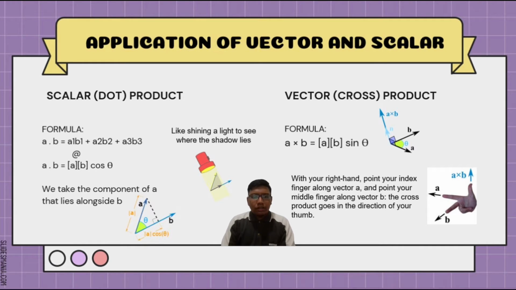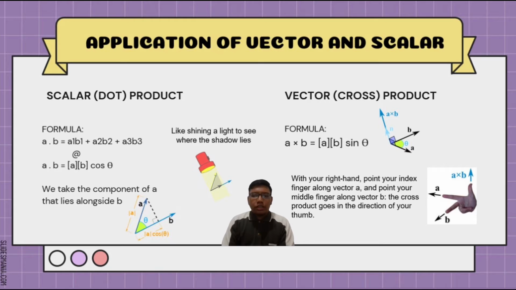On the right, like shining a light to see where the shadow lies, that is the example for the vector scalar dot product. And at the bottom, we take the component of a that lies alongside b, as you can see in the image.